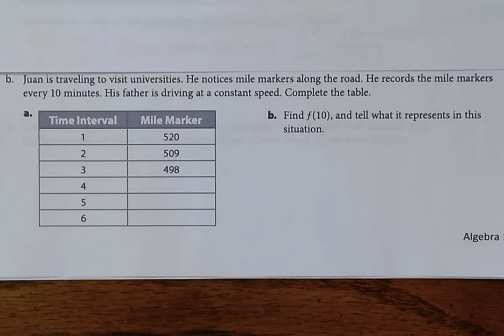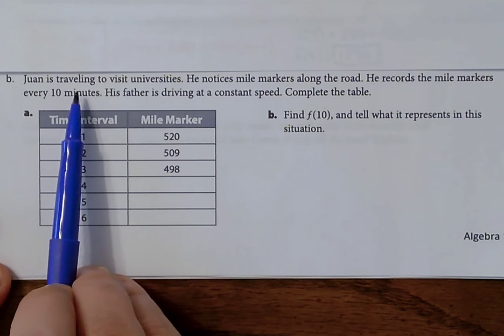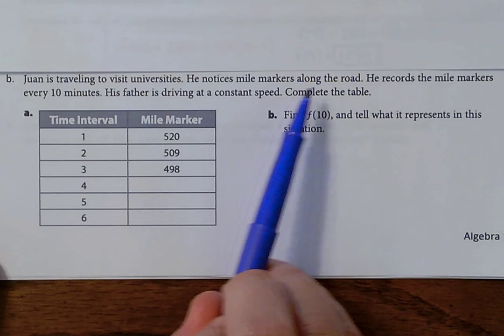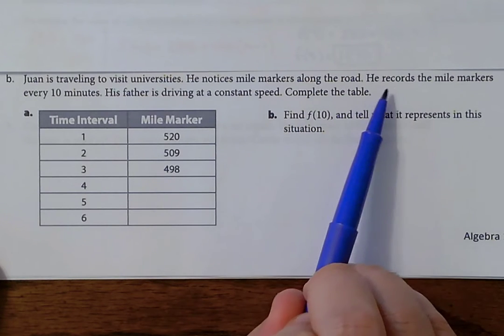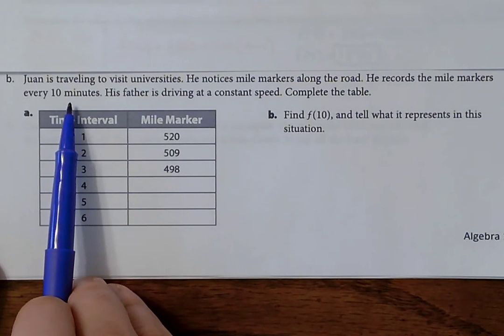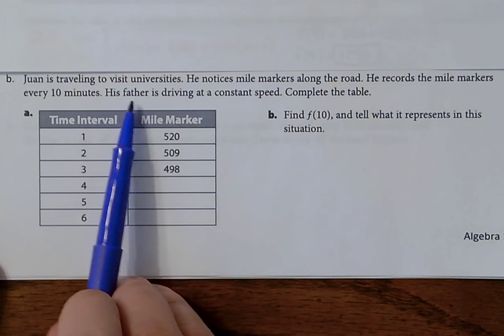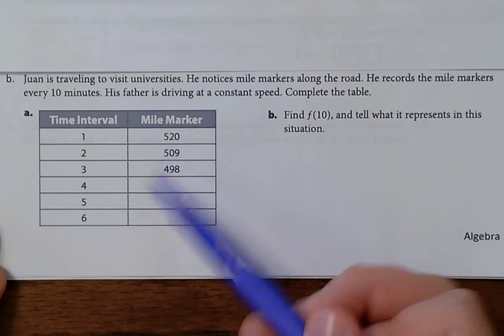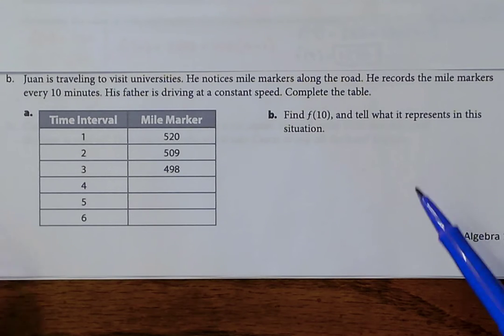Write an explicit rule, and then go through and figure it out for a specific term. So one is traveling to visit universities. He notices mile markers along the road. He records the mile markers for every 10 miles. His father is driving at a constant speed. Complete the table and then answer it for part B.